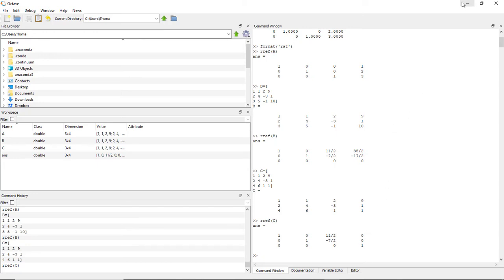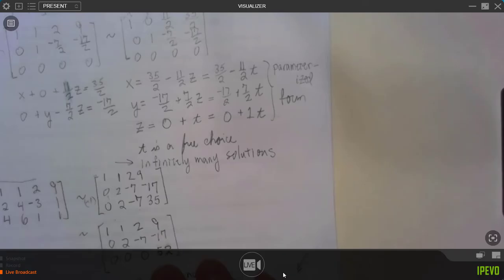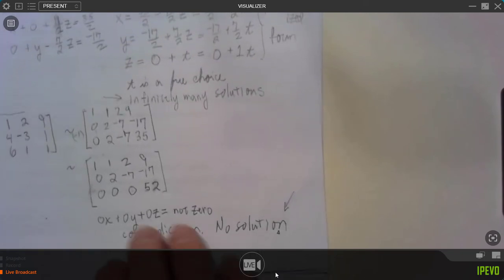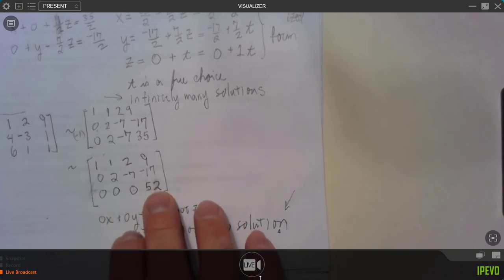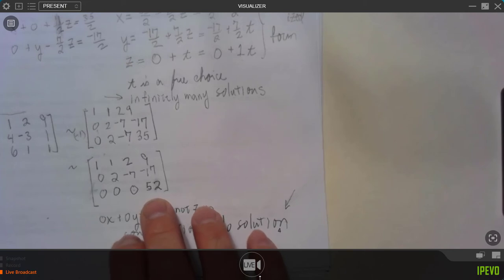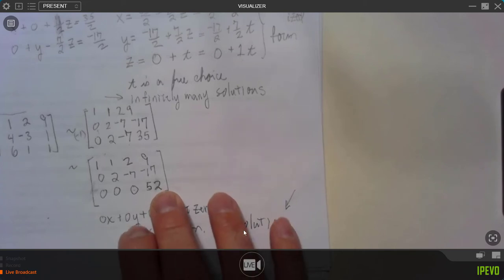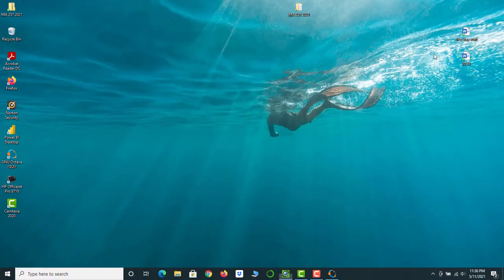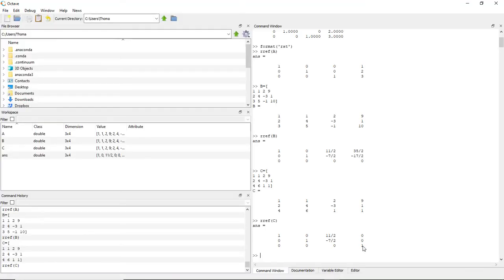So I went back and checked it off screen, and it came up with a 52. I think I had a 53 or something there the first time. It was wrong. But no matter what you have, as long as it's not 0, in this case 52, notice if you divided this row through by 52, you'd have 0, 0, 0, 1, right? And that is exactly what we were seeing out of Octave. And of course, it's correct. You would get a 1 there.